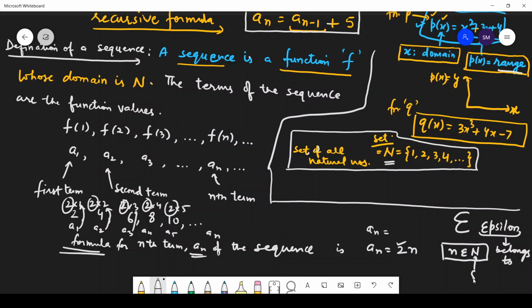So this is your set. This n belongs to the set of natural numbers, meaning n is a natural number. We call this n an element of this set.